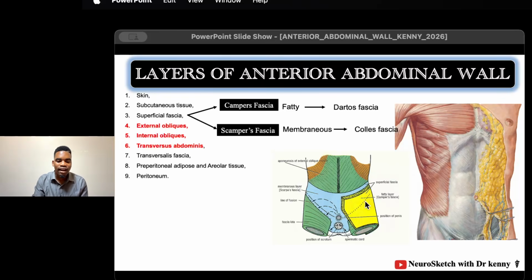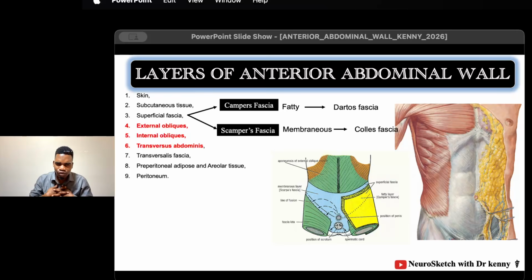Now Camper's fascia is going to continue to the penis, so it loses some fat because this is a fatty layer. It loses some fat to go to the penis to form one of the layers of the penis, but it also goes to the scrotum to form the dartos fascia, and it loses fat to form this dartos fascia.